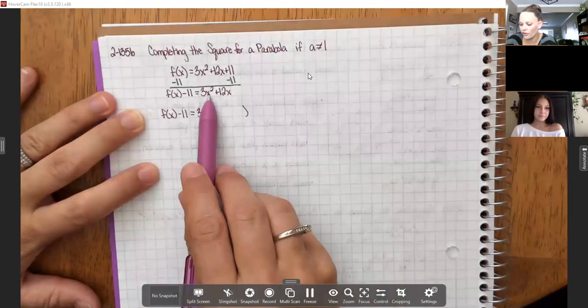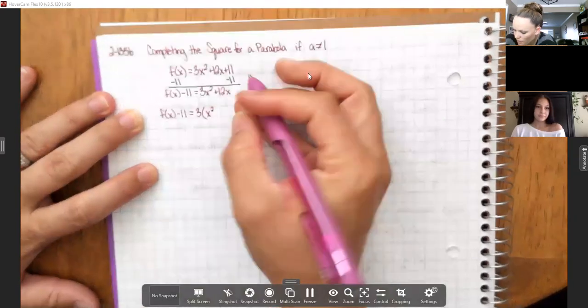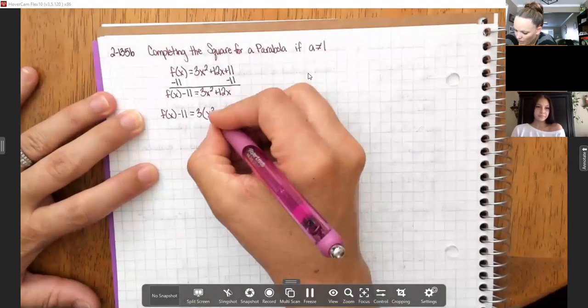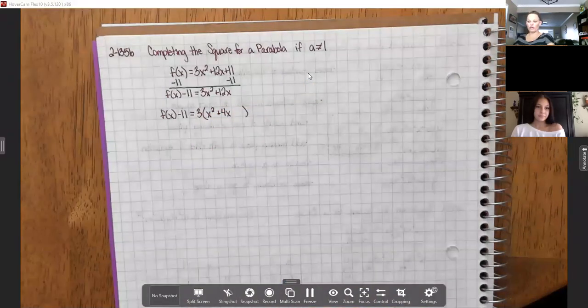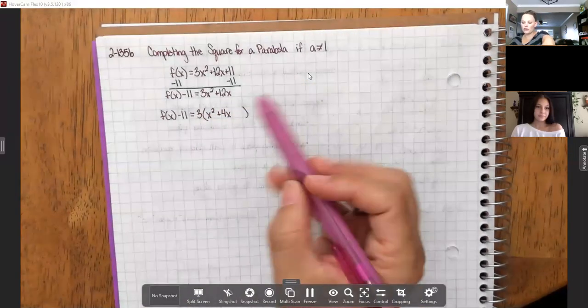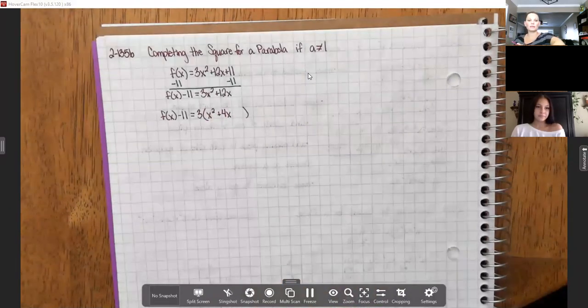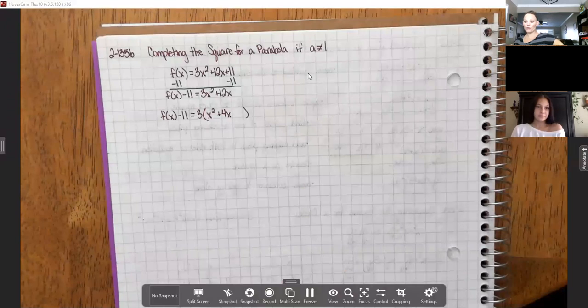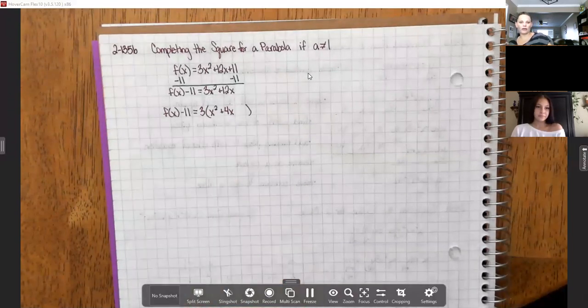So we divide by 3. 3x squared divided by 3, we get x squared. 12x divided by 3 is going to be plus 4x. Again, that distributive property backwards. 3 times x squared is 3x squared. 3 times 4x is 12x. So that's that extra step, to factor out the a value.